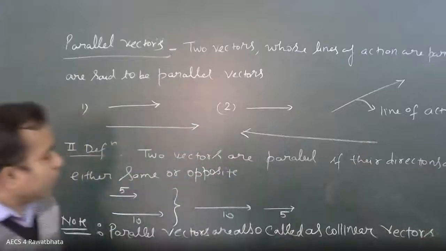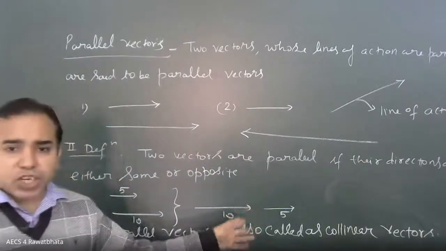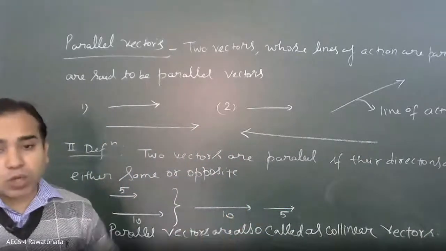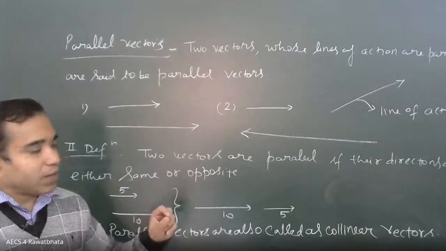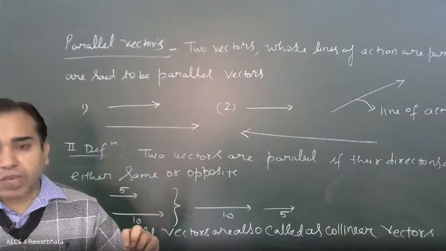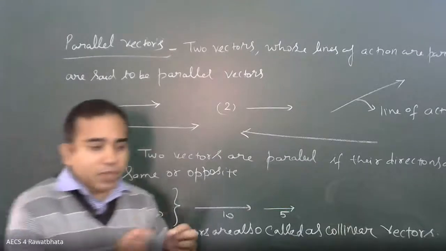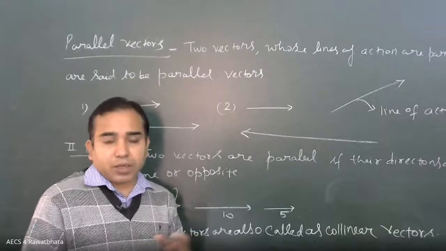And what will be the difference between these two? The direction is the same, so the difference will be only in magnitude. So one vector is A and the other vector is B. If you multiply by some constant, you may get the other vector.